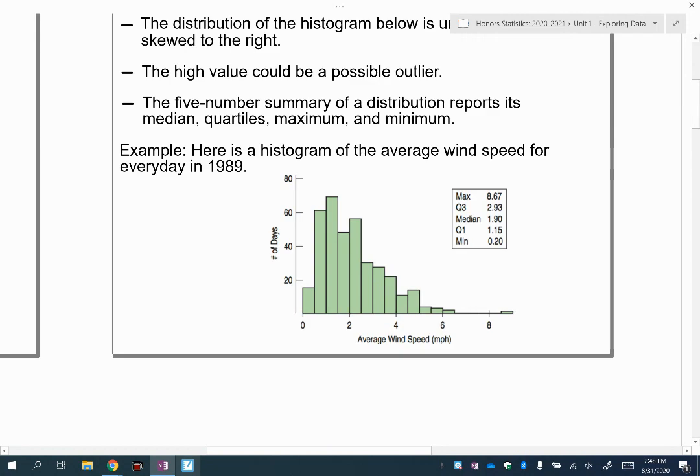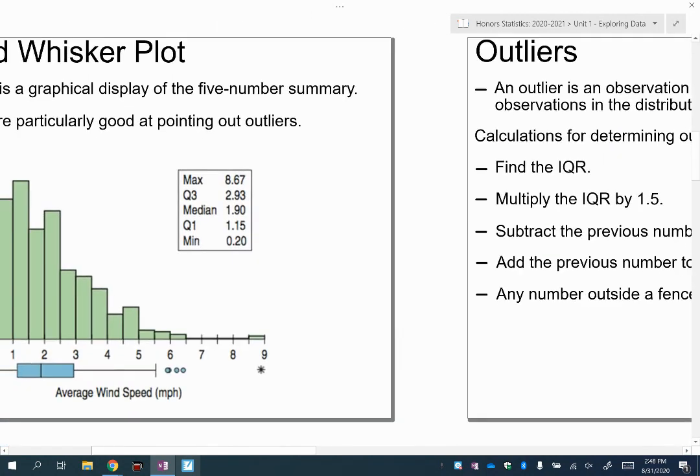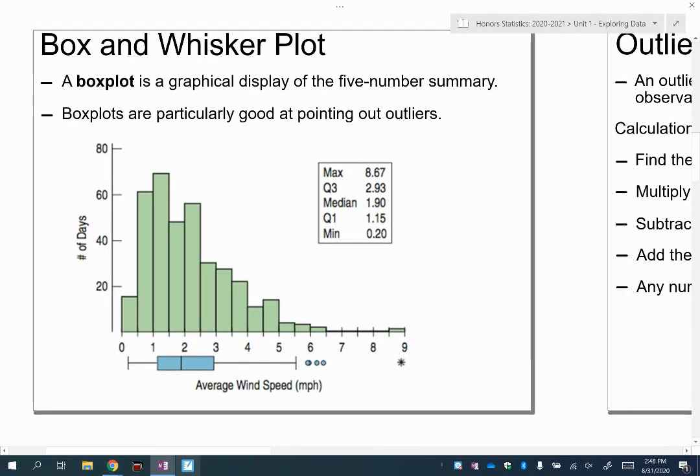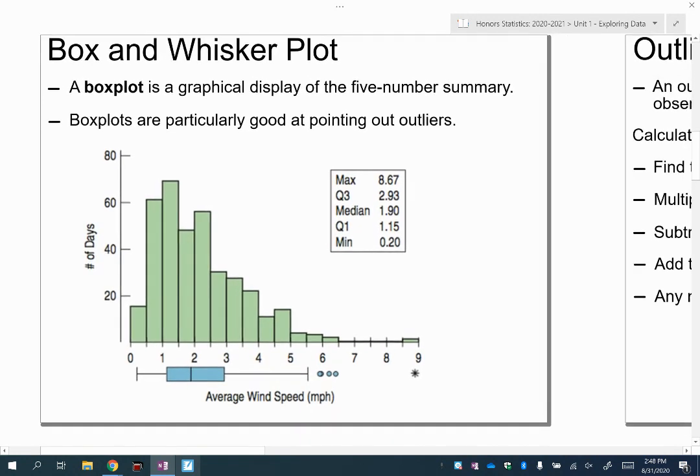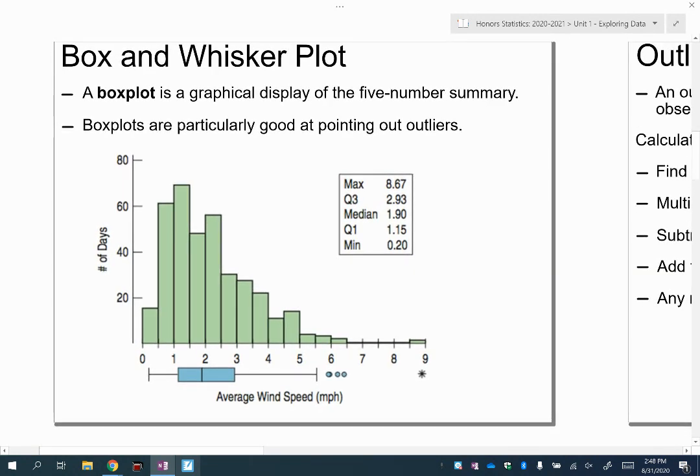So let's move into a box plot. Now, the box and whisker plot, or a box plot, is just another way to show graphically a one at a time quantitative variable. So they've actually matched up here nicely. So you can see the histogram with the green bins and the box plot with the blue box, and then the whiskers are just those bars.